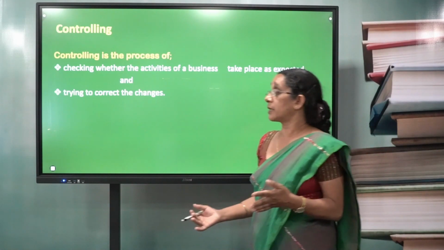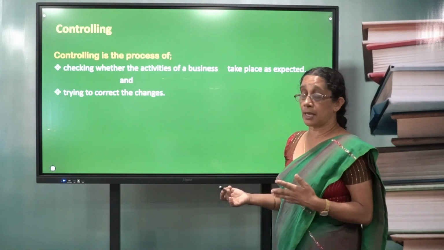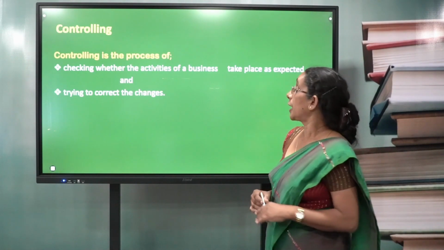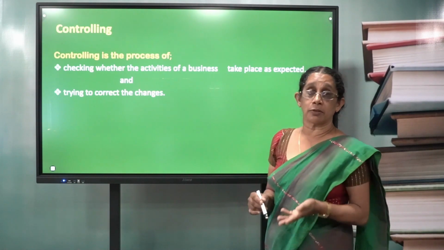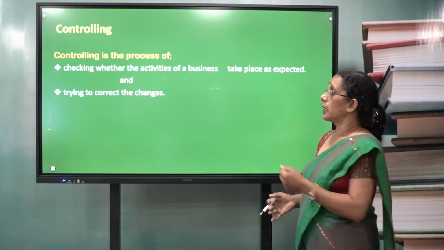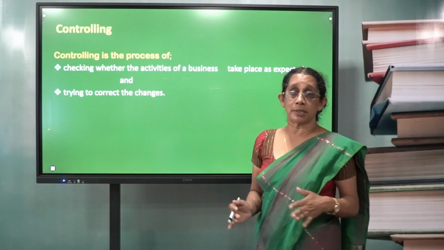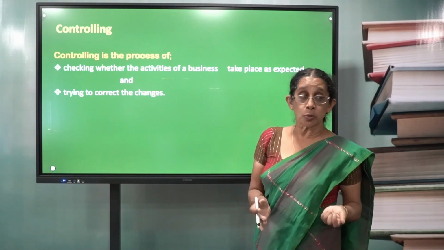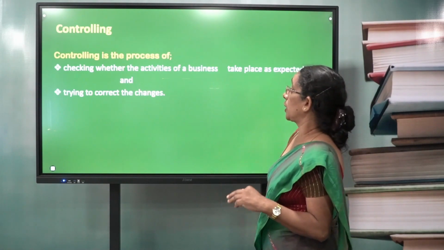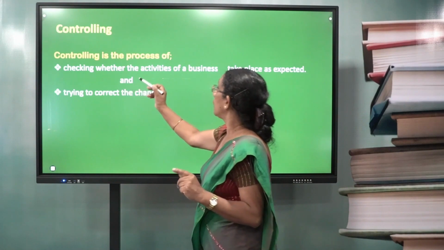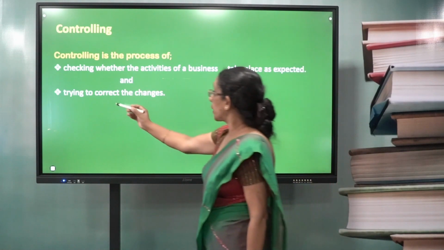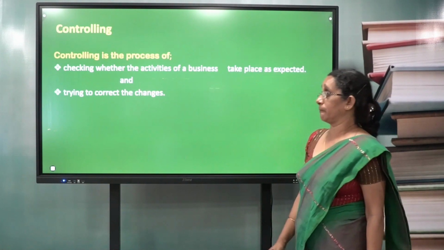We conduct exams in our schools, and through that we can see whether the expected objectives are achieved. Sometimes some students may perform poorly in exams. In that case the expected results cannot be achieved, so there should be remedial actions for that. Yes, that is control. Controlling is checking whether the activities of a business take place as expected and trying to correct the changes. Okay.